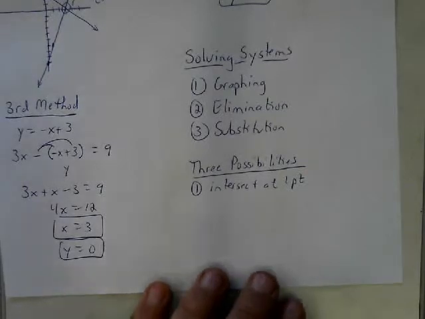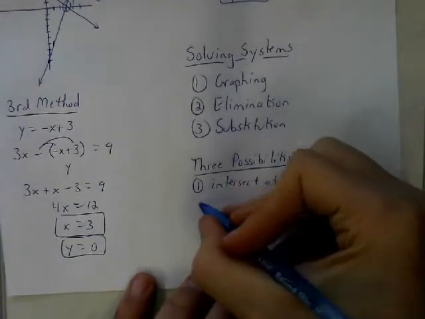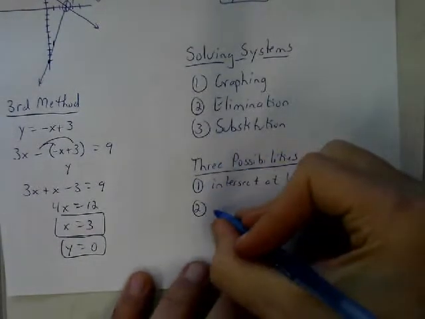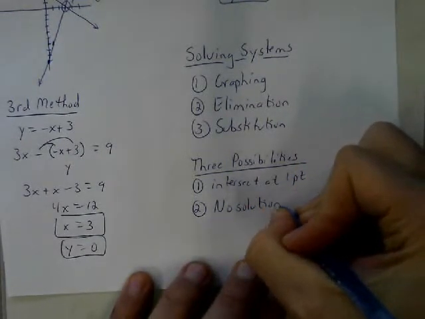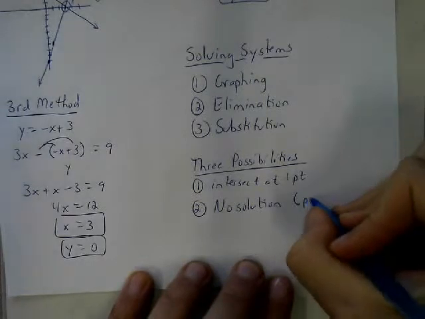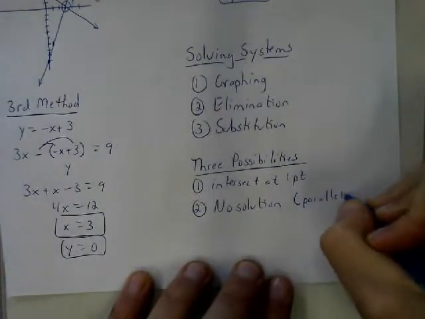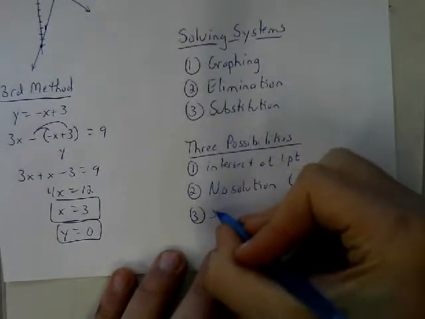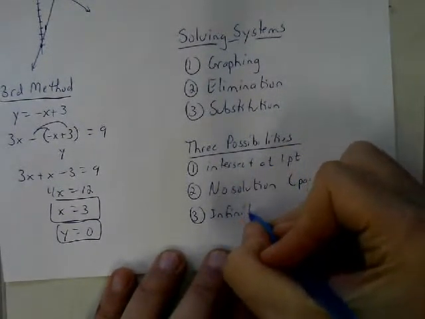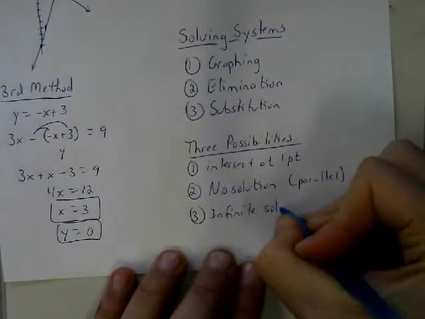That is the most common, obviously, which we saw in this last example. 2, there could be no solution. This is where the lines are parallel. And 3, you could have an infinite amount of solutions. In other words, you have the same line.